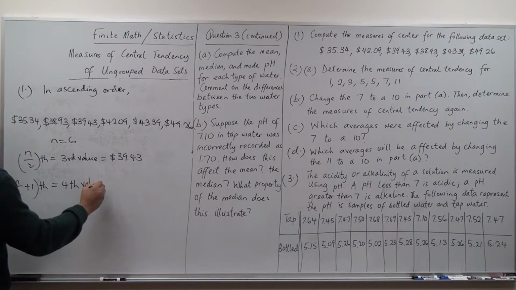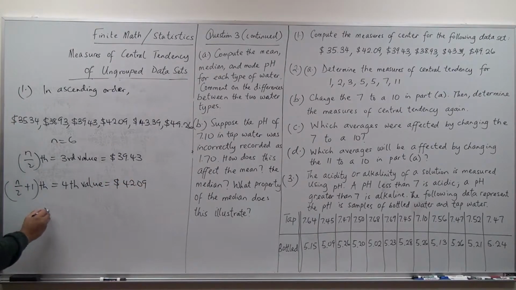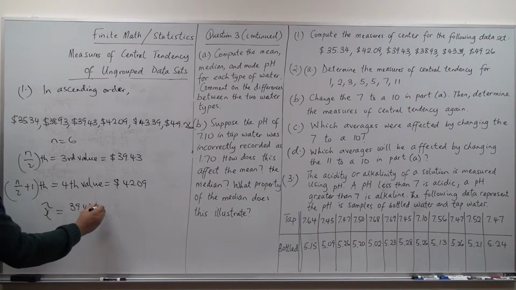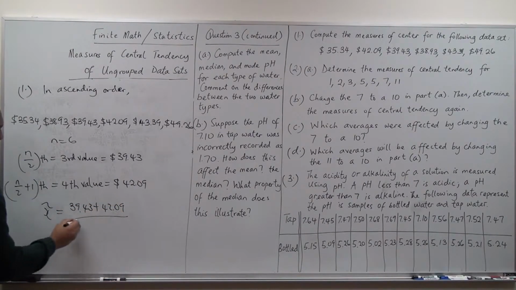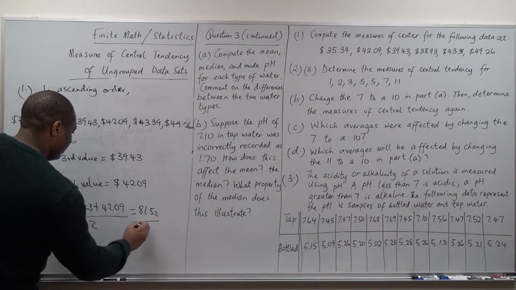Fourth value is 42.09. So the median x meander will be 39.43 plus 42.09 divided by 2, right? I'll put the dollar sign later on. 39.43 plus 42.09, so 81.52 divided by 2.